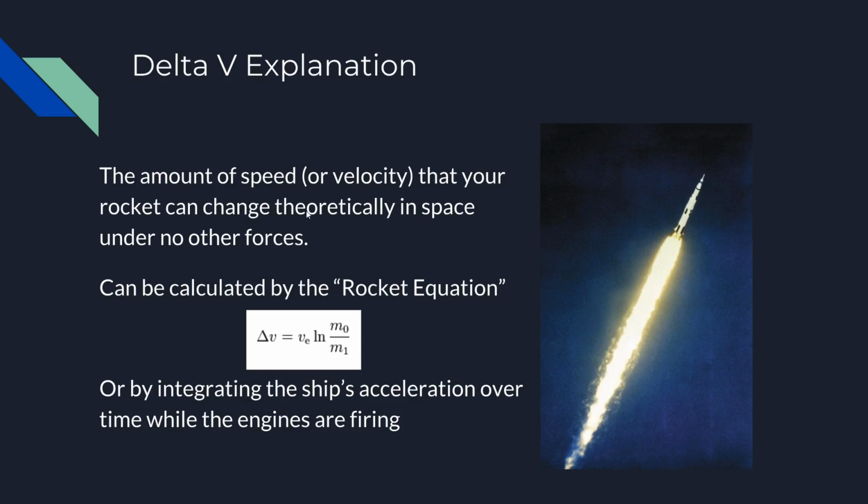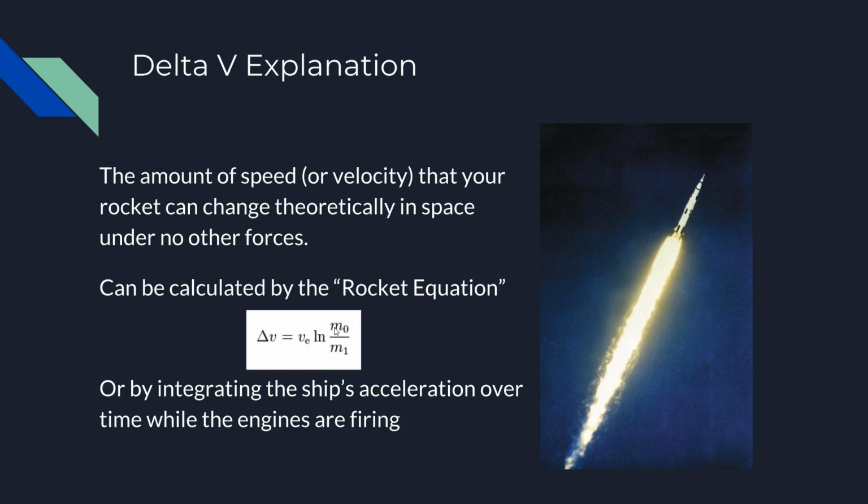The delta V, which stands for delta velocity, is measured in meters per second or feet per second. If you fired your rocket and emptied out your tanks, you'd gain a certain amount of delta V, and that can be calculated here.